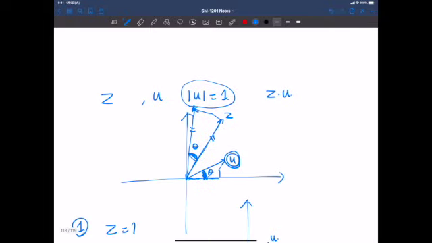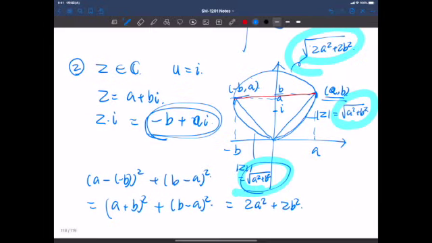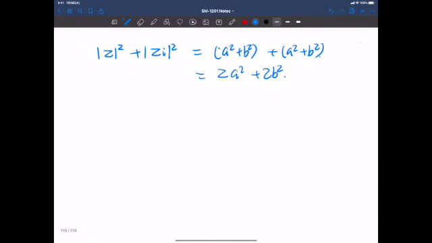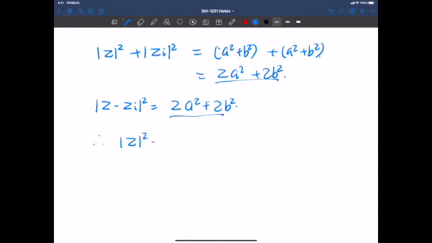And the distance between these two points is the modulus of z minus zi, right? And that is 2a squared plus 2b squared. So this is equal to this. Therefore, we have this.